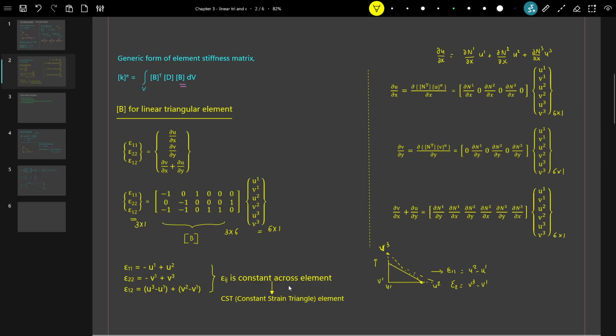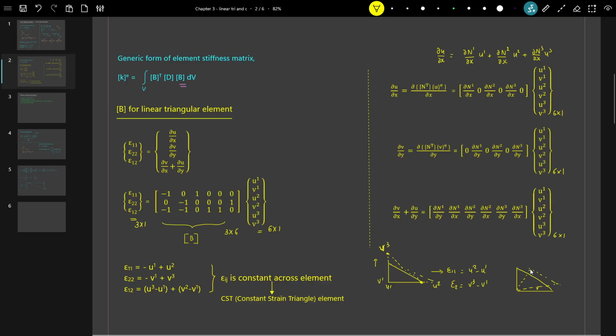Similarly, this is a shear strain. So the shear strain for this triangular element will be something like this. This change in angle will be u3 minus u1 divided by 1, because this length is 1.